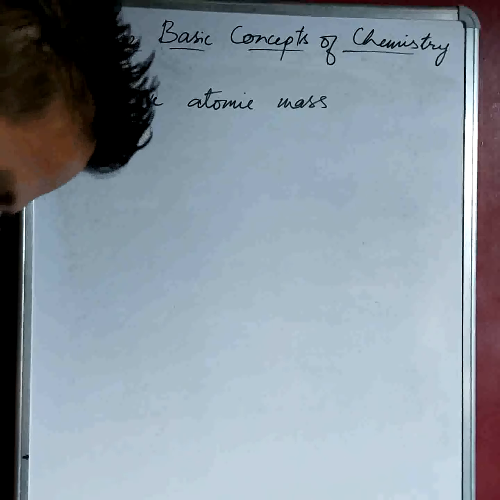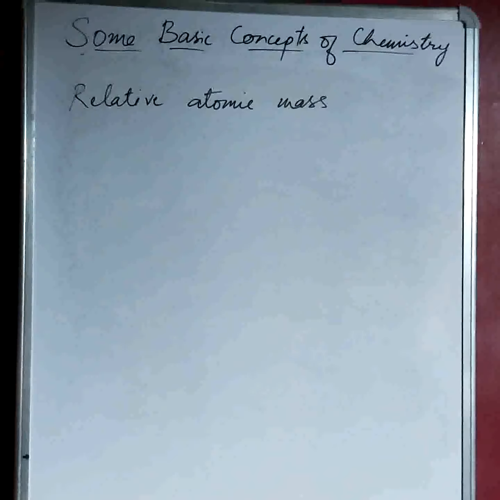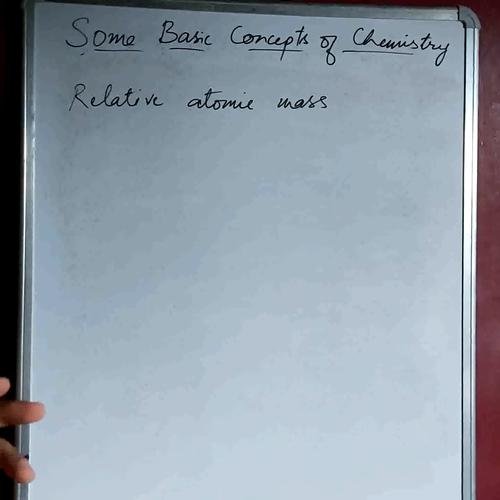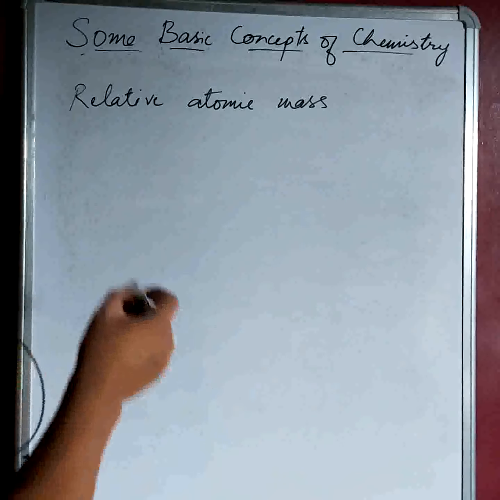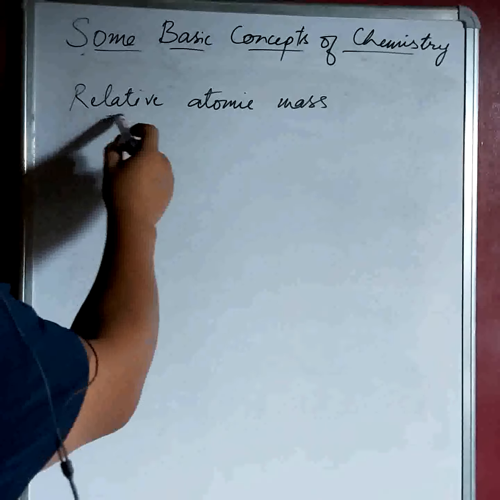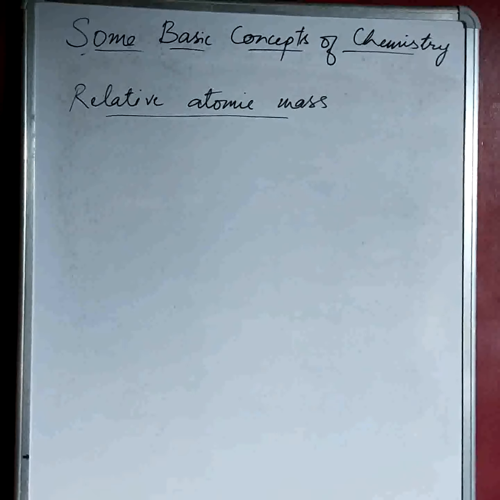Now, one of the most important concepts that emerged from Dalton's atomic theory was that he tried to define the mass of an atom, which he called the relative atomic mass.